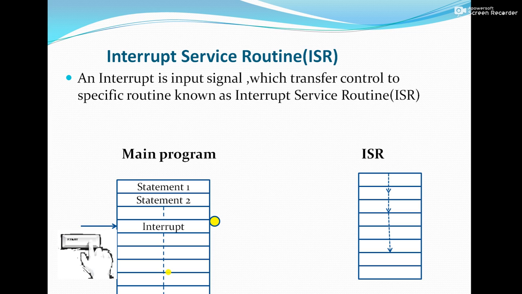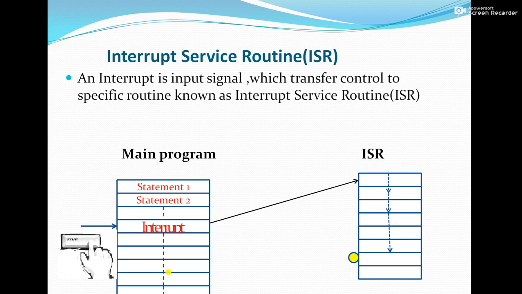Here you can see the main program. In the main program, some statements are written. All the statements will be executed sequentially. That is statement 1, statement 2 and so on. But while executing the instruction, if an interrupt occurs, then execution of the main program stops and control gets transferred to the ISR, and then statements of the ISR get executed.